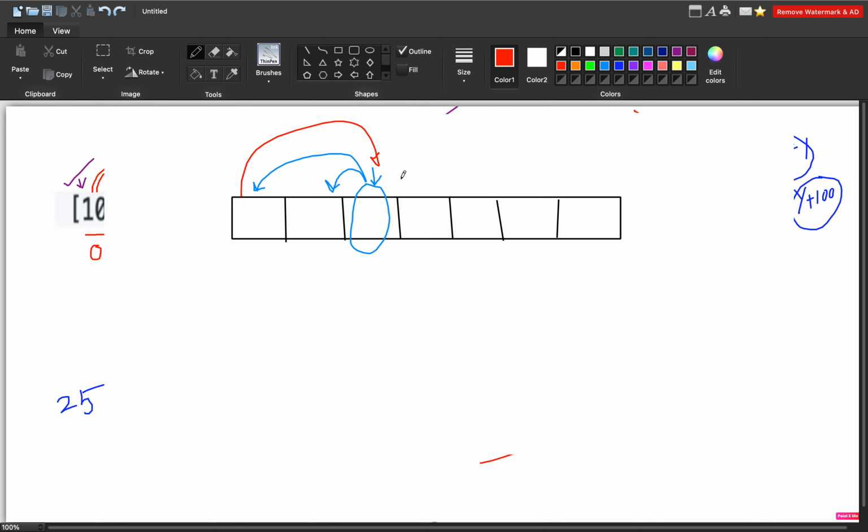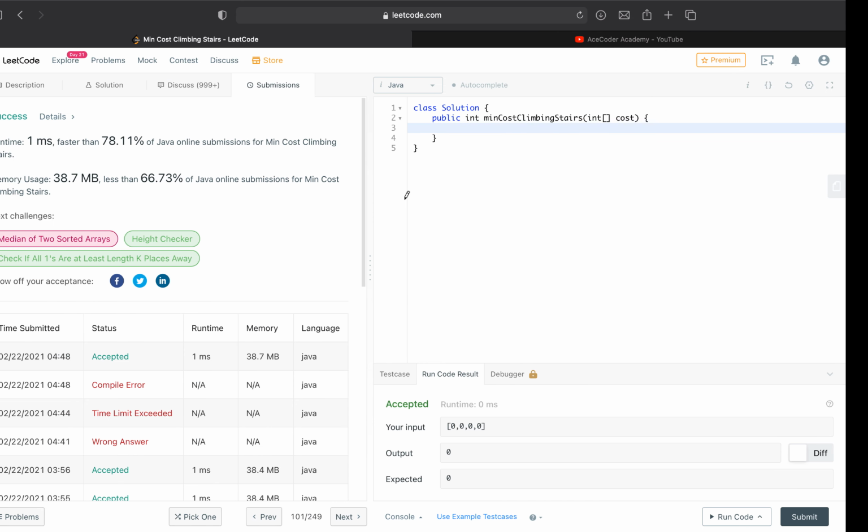So these are obviously the only possibilities, and the minimum between the previous value of this particular position plus this value, and similarly for this particular position, previous value and its own value. Between both of them, whichever is the minimum will be stored here. So let's code it, you will understand in a better way.